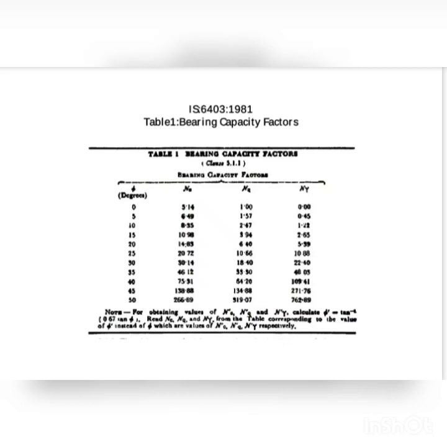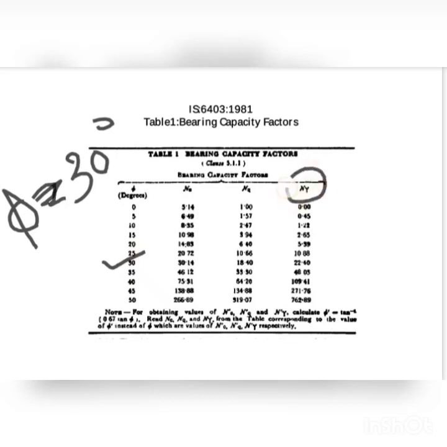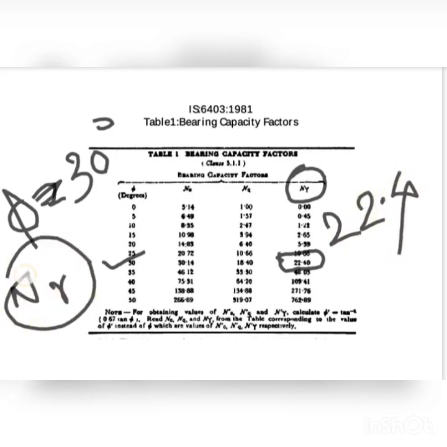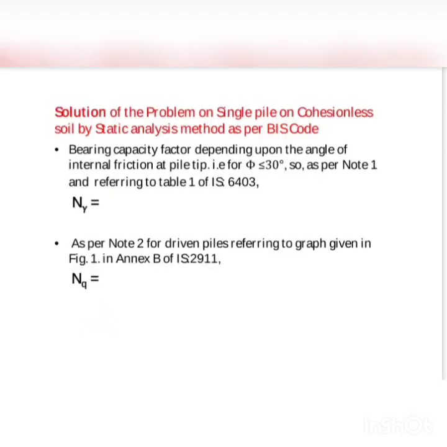Now our phi value is 30 degree. So see, this is 30 degree, and for 30 degree, the value of N gamma is this value, 22.4. So the value of N gamma we have got, 22.4, from table 1 of IS 6403.